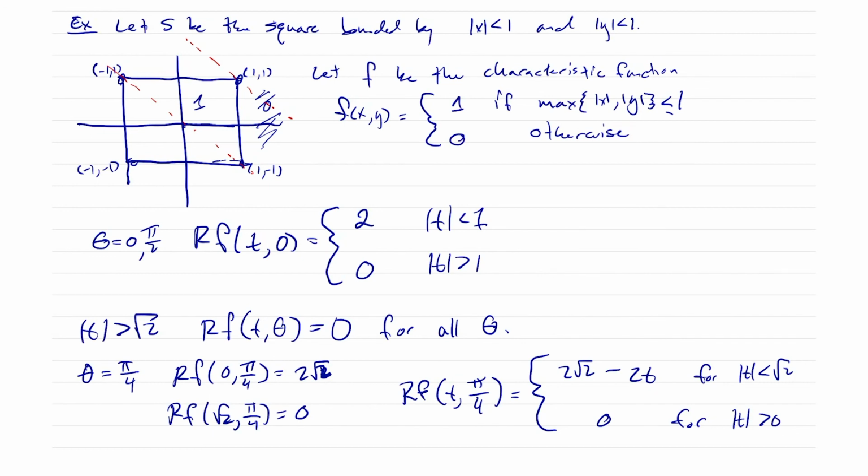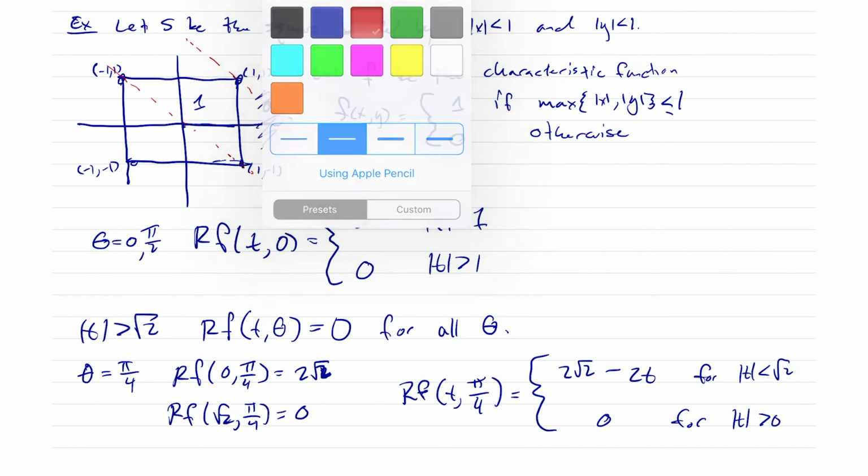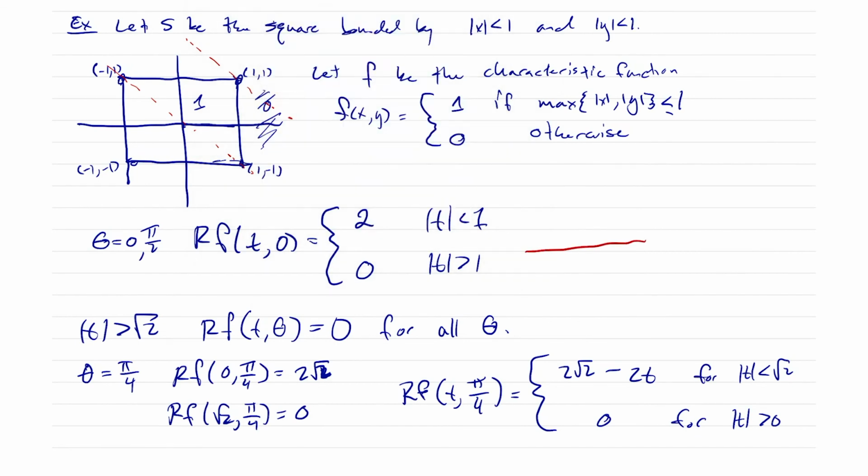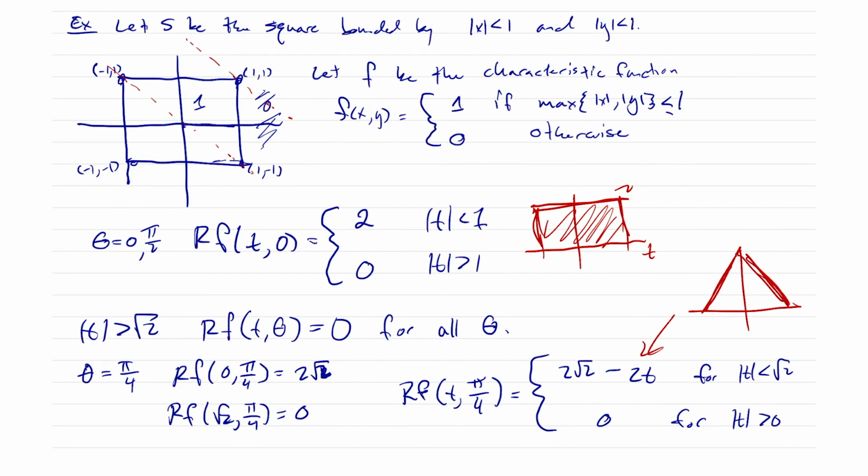So in this case up here, we ended up having a constant for t. This is a constant of 2, and for here we ended up with a peak, and this was up at 2 root 2, and by root 2 we were done.